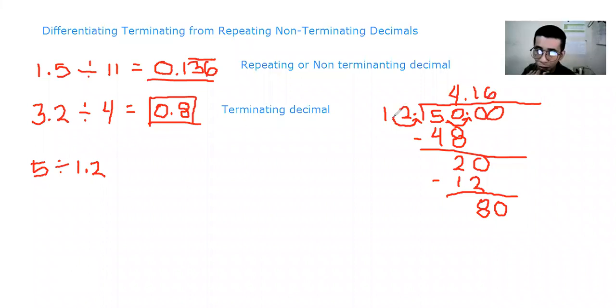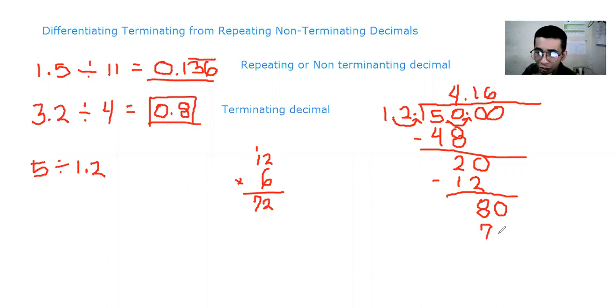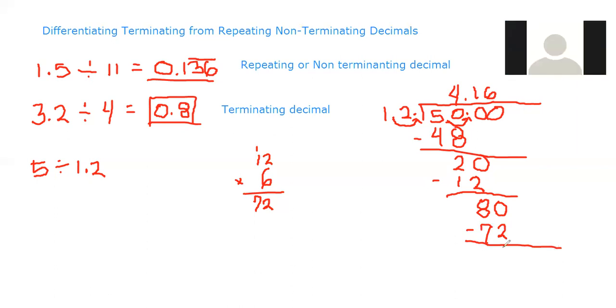And 6 times 12, what is 6 times 12? 72. Then, 80 minus 72. What is 80 minus 72? 8. So, sa 8 ulit, hindi naman pwedeng i-divide si 8 by 12.